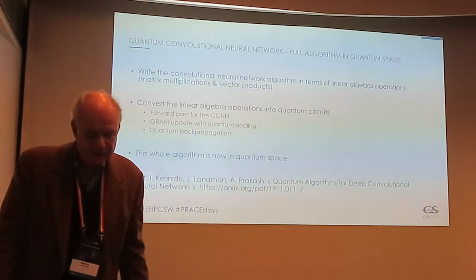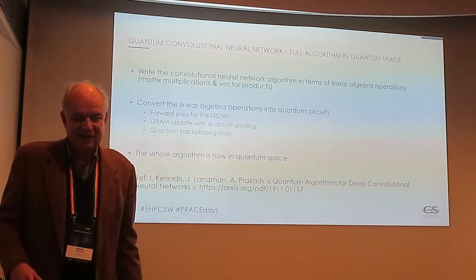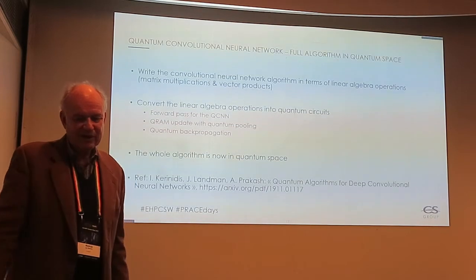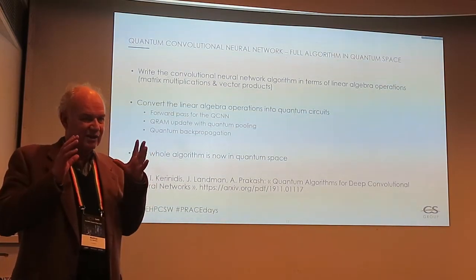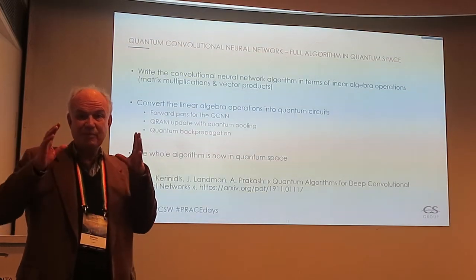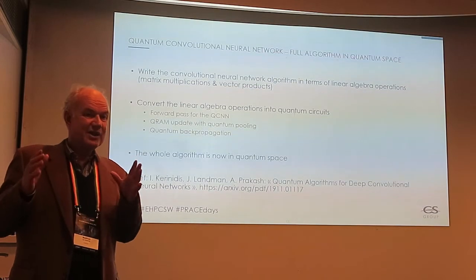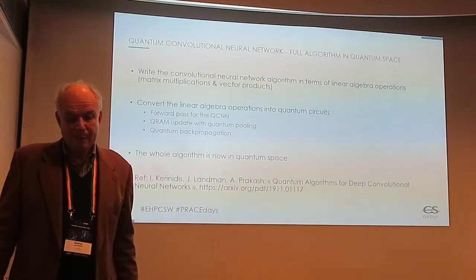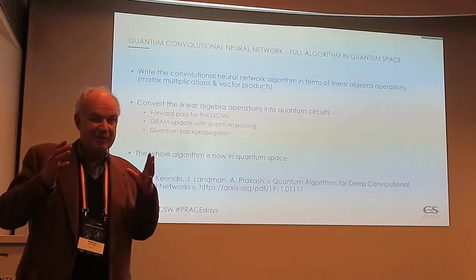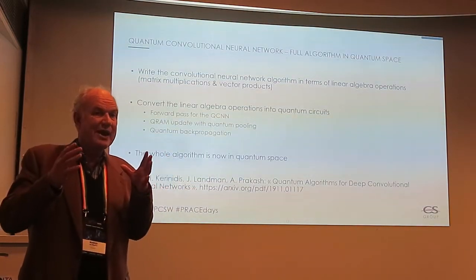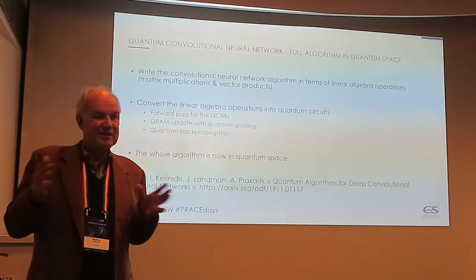So I just want to mention the next step, the third algorithm, which is inspired by Kerenidis' work. There we write the convolutional neural network algorithm in terms of linear algebra operations, so matrix, vector, etc. The idea is that the linear algebra operations map very elegantly onto quantum operations.